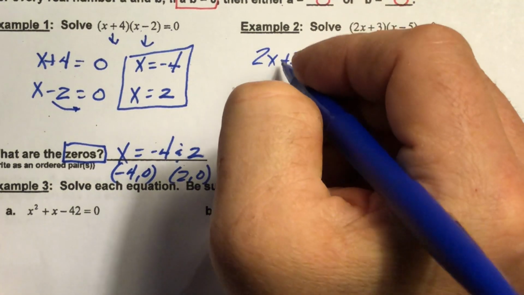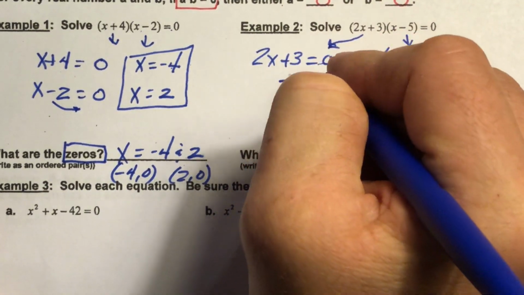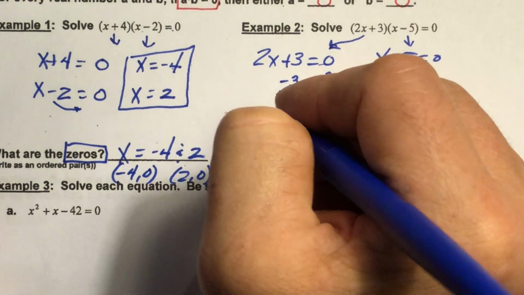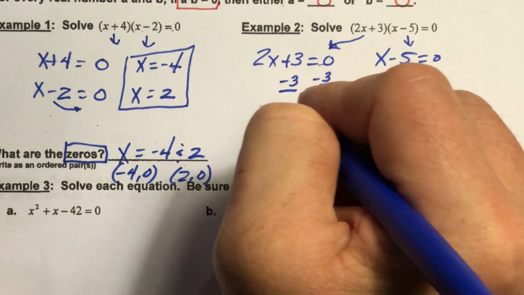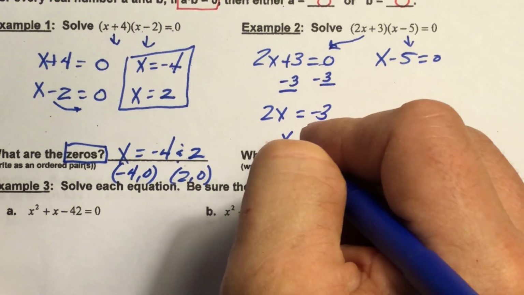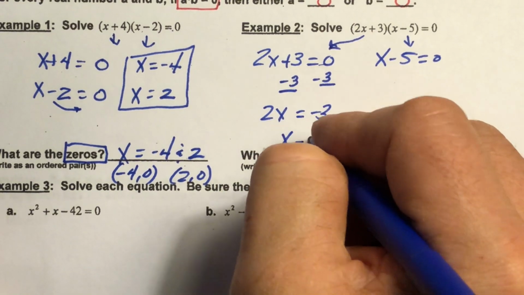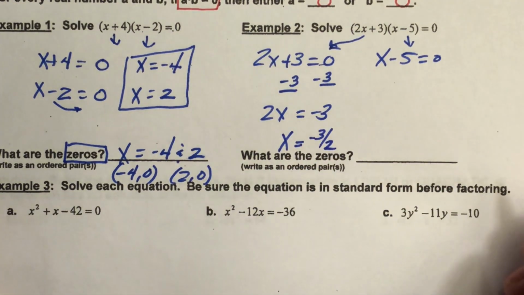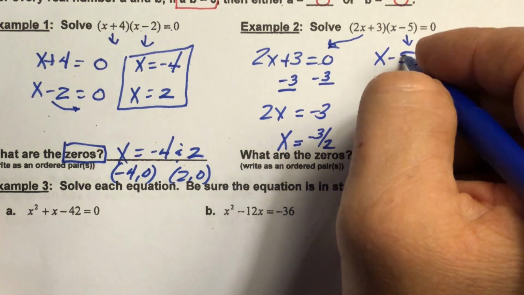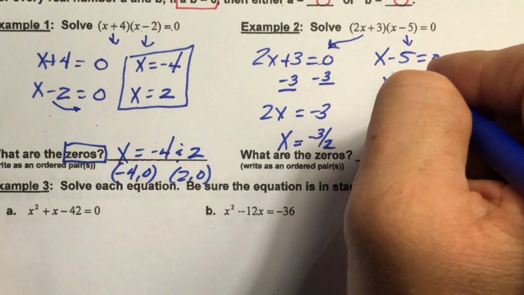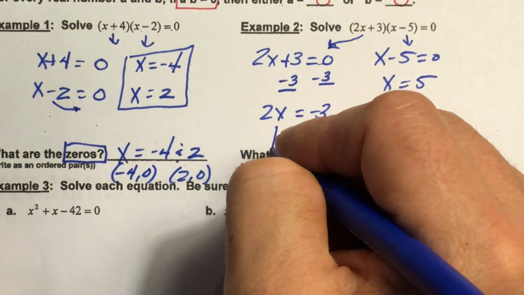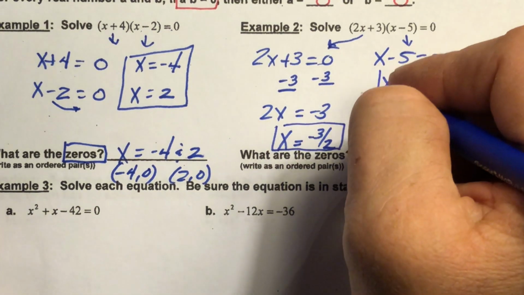Let's go ahead and solve this. I'm going to subtract 3 from both sides, so 2x equals negative 3. Divide by 2, and x equals negative 3 over 2. And for this one, all I have to do is add 5 to both sides, so I get x equals 5. Those are my zeros.